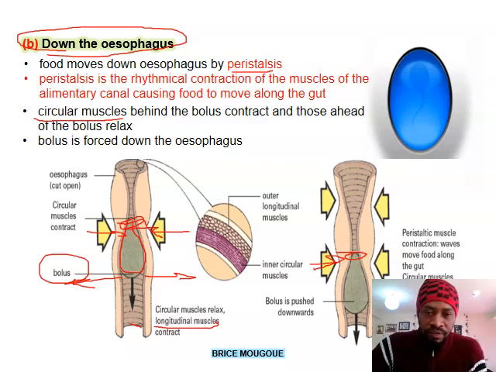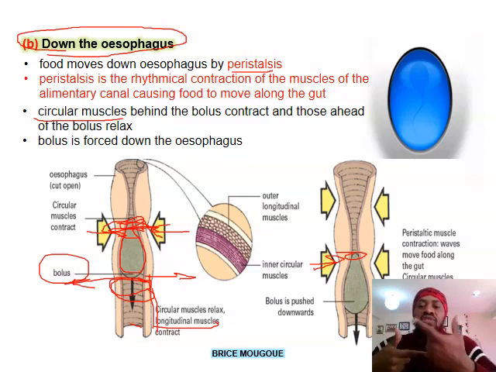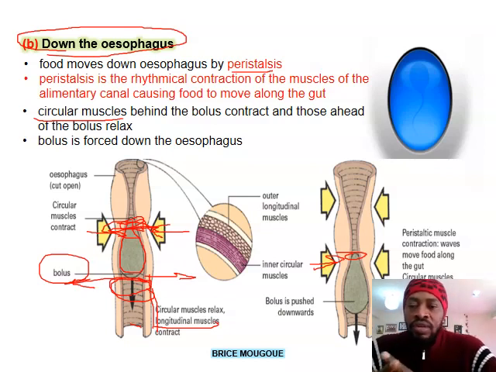That's what's happening here. Circular muscles at every instance at the back of the bolus will contract inwards, and longitudinal muscles at the front here will also contract. Meanwhile, the circular muscles at the front will relax. It means the longitudinal muscles at the back will relax while the circular ones are contracting. In front, the circular ones are relaxing, longitudinal are contracting. The circular muscles and longitudinal muscles always function in opposition.